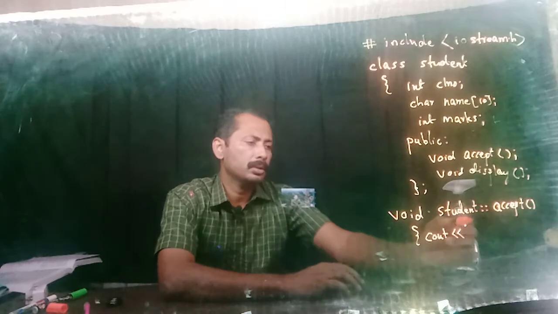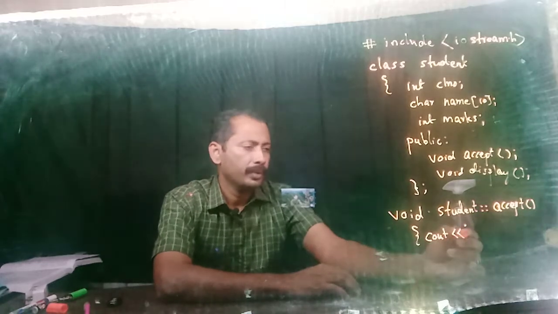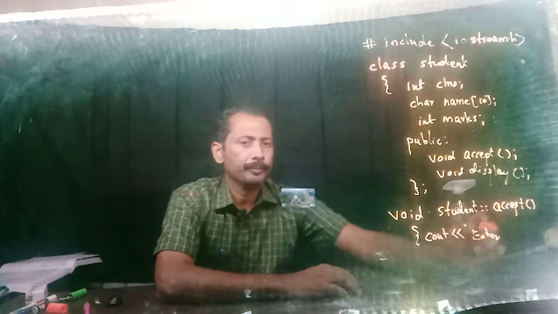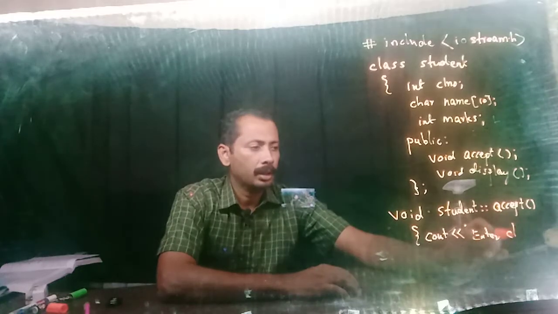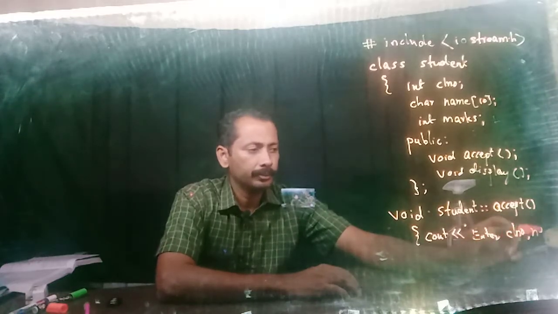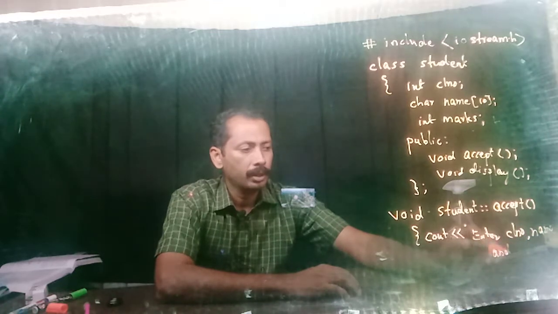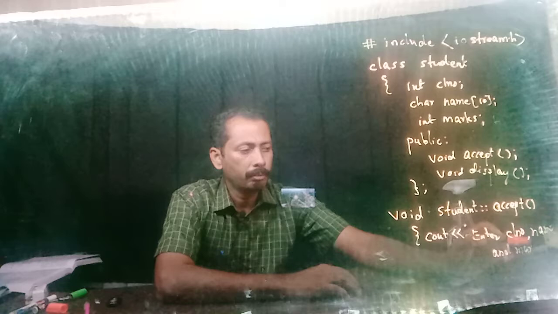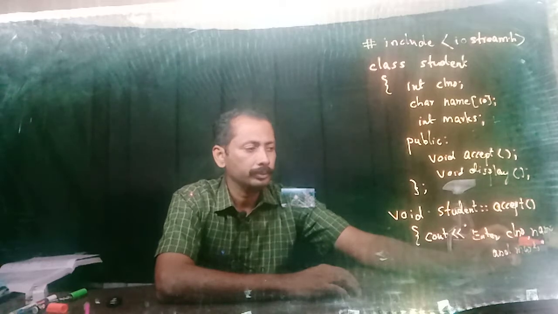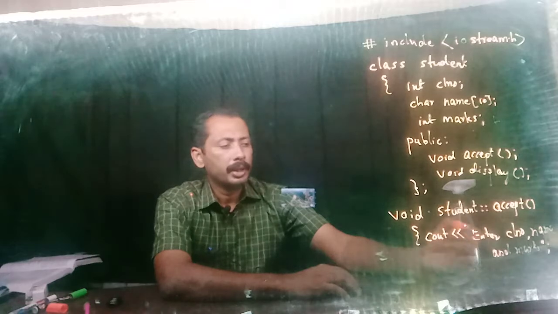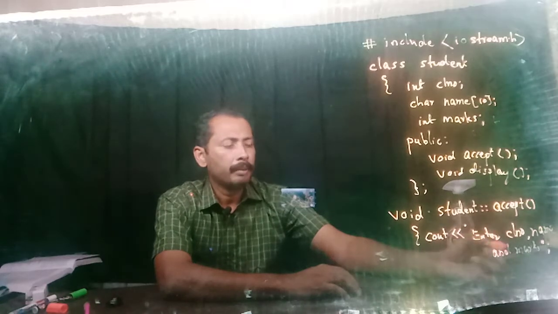So cout, in quotes, I am giving: enter class number, name, and marks.